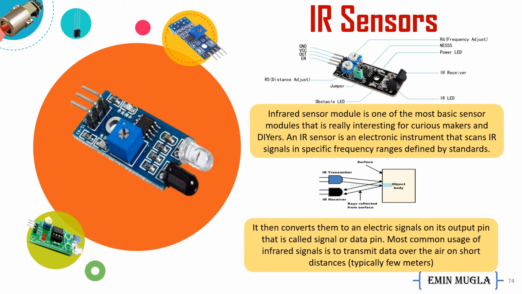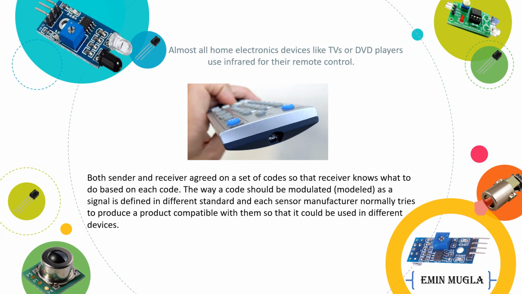The most common usage of infrared signals is to transmit data over the air on short distances. Almost all home electronic devices, like TVs or DVD players, use infrared for their remote controls. As we see in the picture, this is the IR sensor.